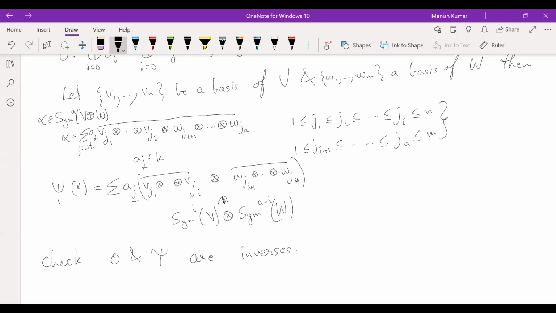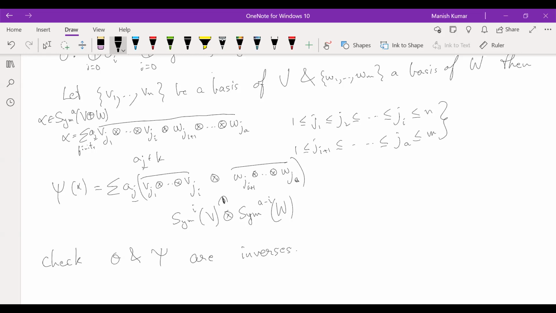The first factor lies in Sym^i V, and the second factor will lie in Sym^(A minus i) W. Then you just sum it. So on the individual component, you just send it to whatever that is.